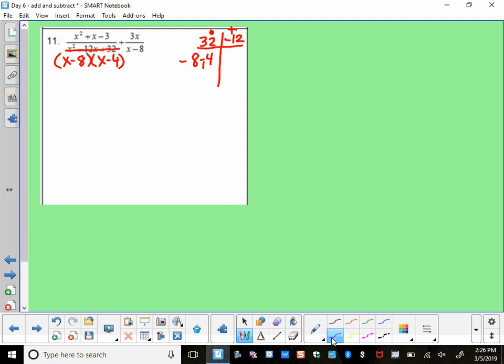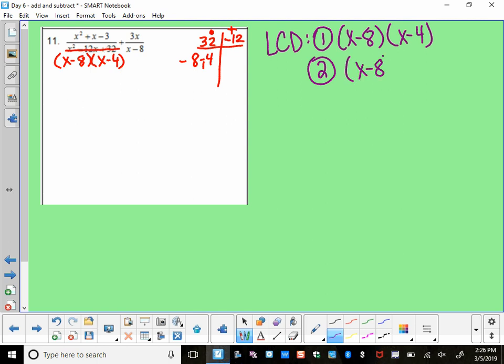Alright, let's do my LCD on the side. My denominator of the first fraction was x minus 8 times x minus 4, and the denominator of the second fraction was just x minus 8. Do I have matching factors from top to bottom?